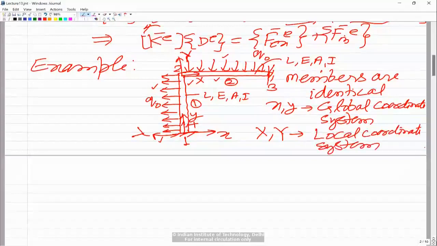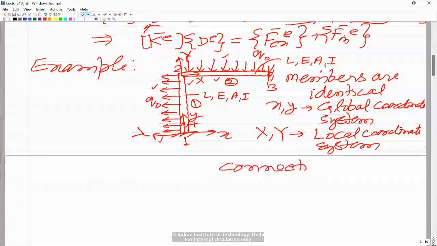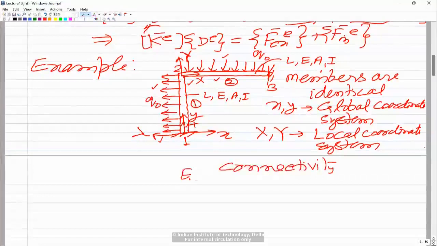And if you look at the connectivity, in terms of the global and local nodes, in the connectivity we look at the element number and we also look at the nodes, these are the local nodes.